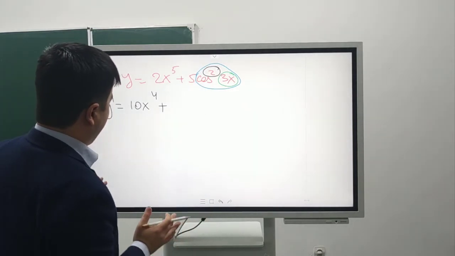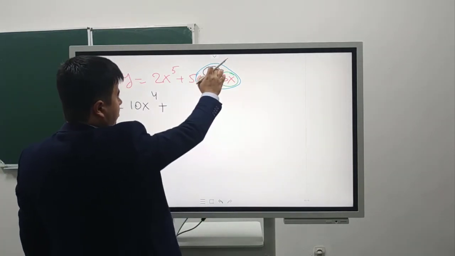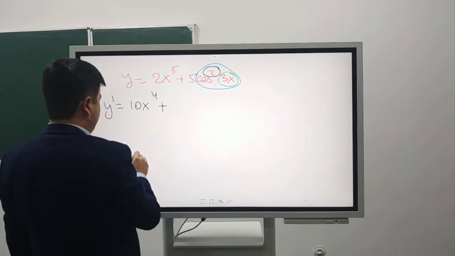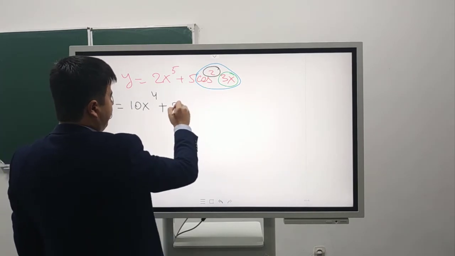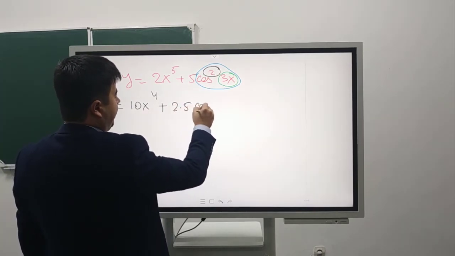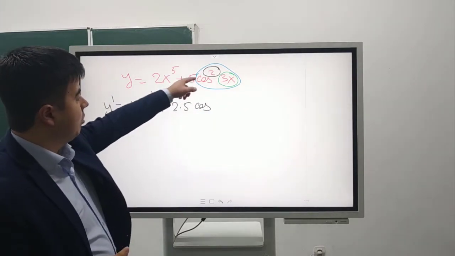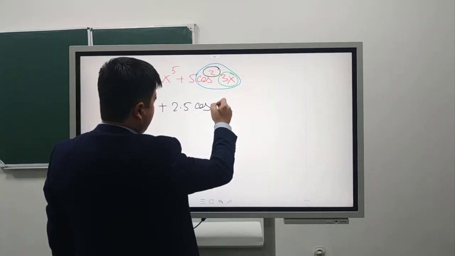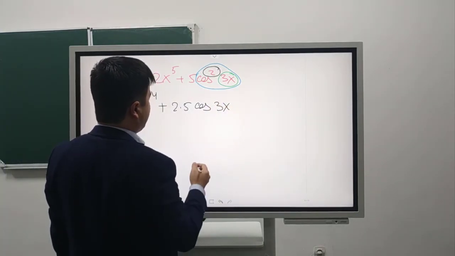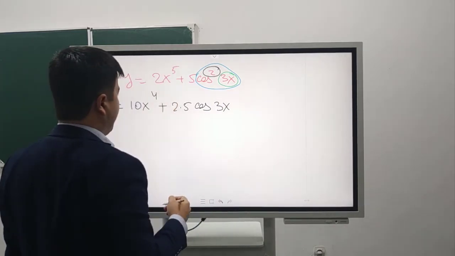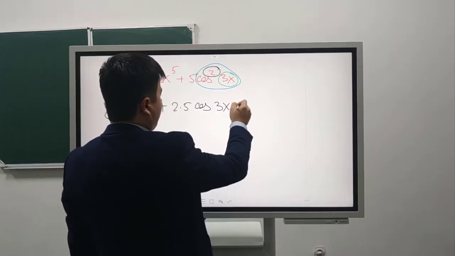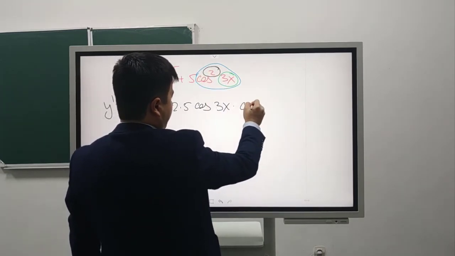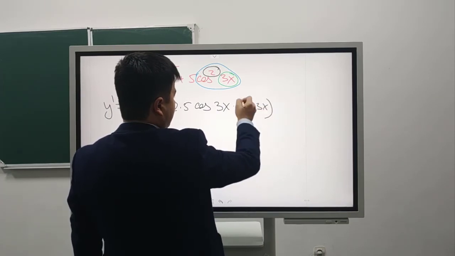So now let's begin with the main one, the power function 2. Here we have 2 times 5 cosine to the 2 minus first degree, it is first degree, just cosine 3x, and now times the derivative of the first argument, the derivative of cosine 3x.